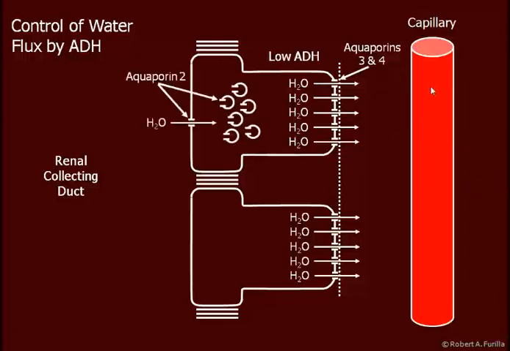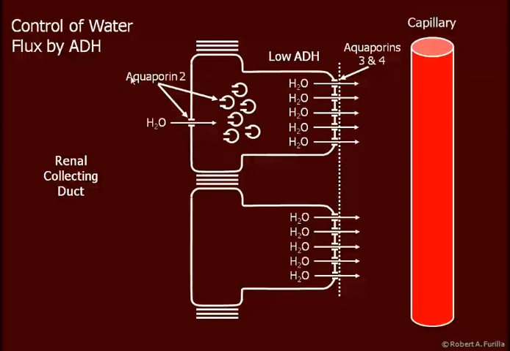If you are hyperhydrated, you have too much water, your plasma is very dilute, we turn off the production of antidiuretic hormone. And in conditions of low ADH, these aquaporins attached to vesicles are not fused with the membrane. They may be pulled back in from the membrane, leaving very few, if any, aquaporins on the apical membrane.